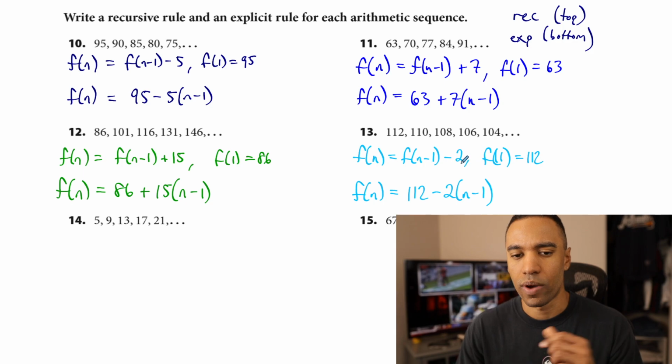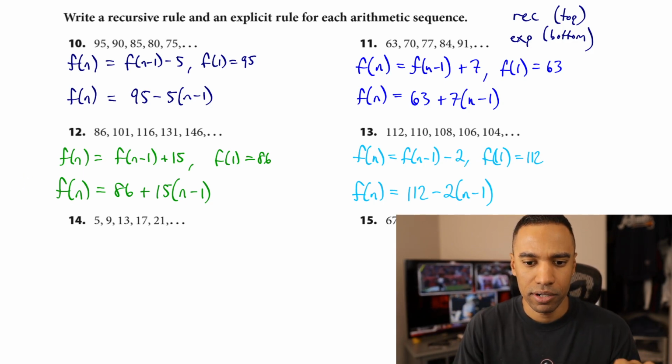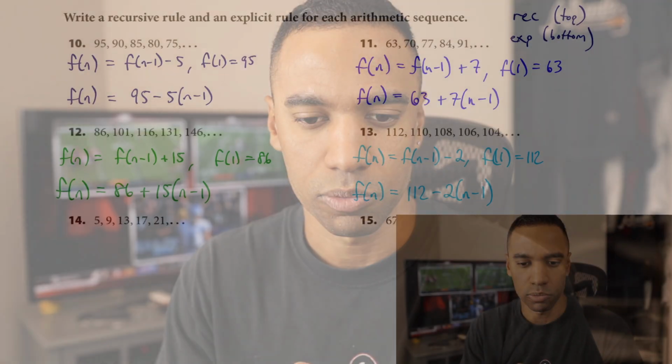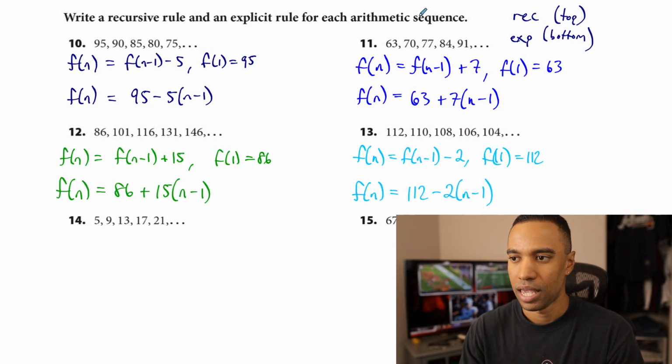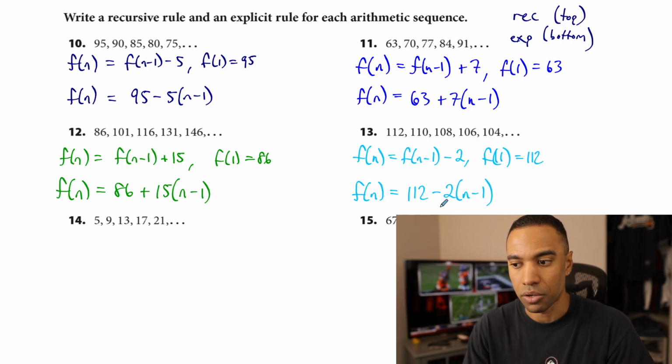What would be really nifty as well is that we're transcoding from the list of numbers into the actual equations here. It would be nice to get an explicit rule, I don't know what problems come up next, I cannot remember, but to get an explicit rule and have to write a recursive one based on it, or to write sequence terms based on it, and vice versa. Because as you can probably tell at this point, it is actually possible to take one of these equations and make the other one.